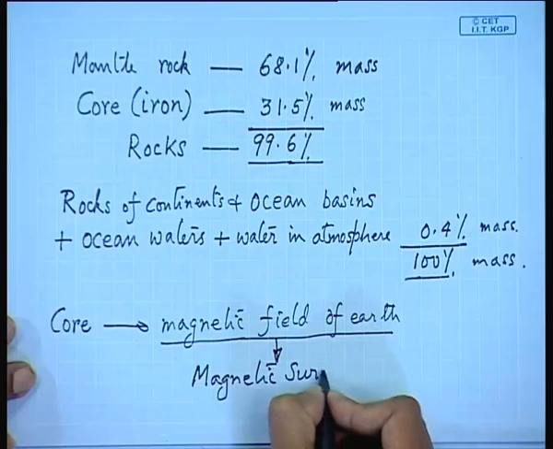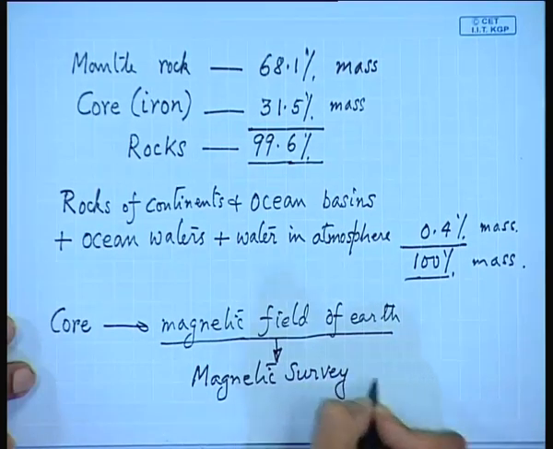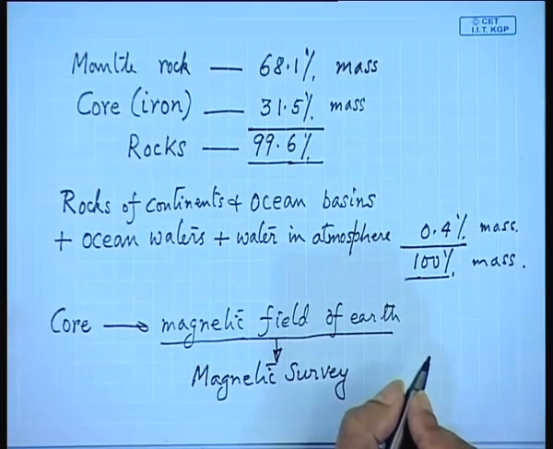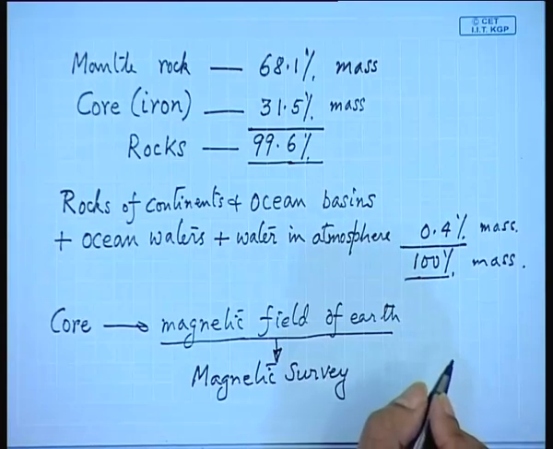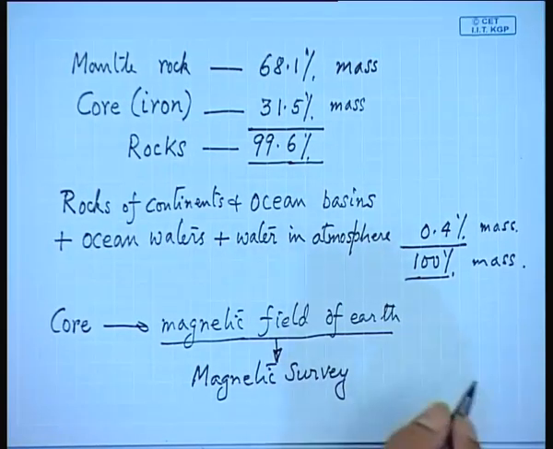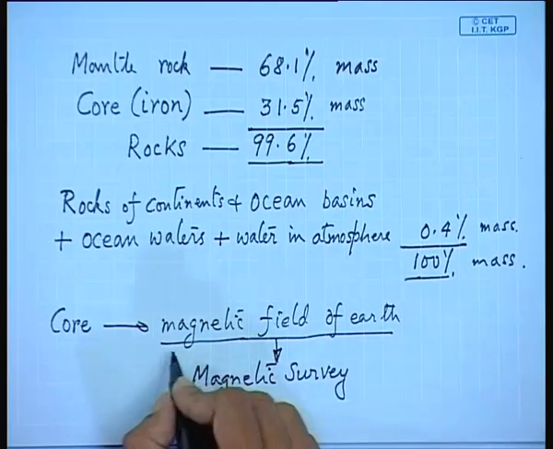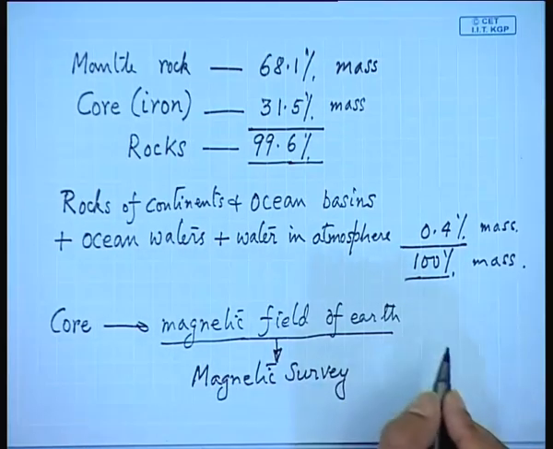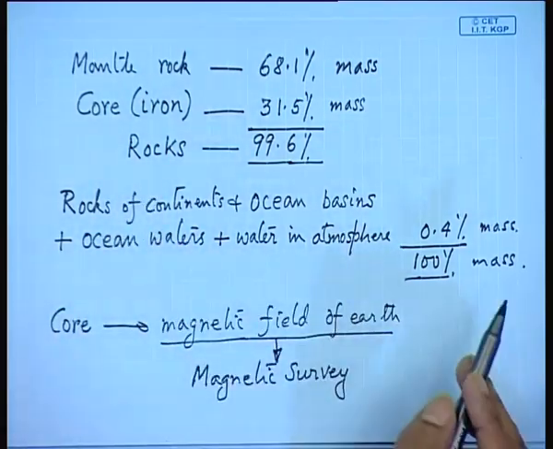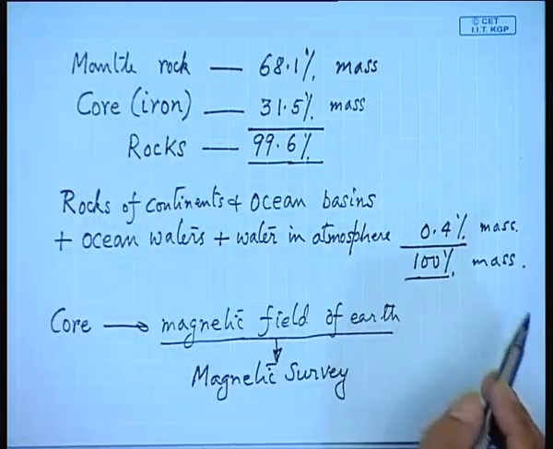Magnetic survey methods find out the amount of oil in the reservoir and the nature of the rocks, etc. So, that uses the magnetic properties of the earth, which are generated essentially from the iron core.